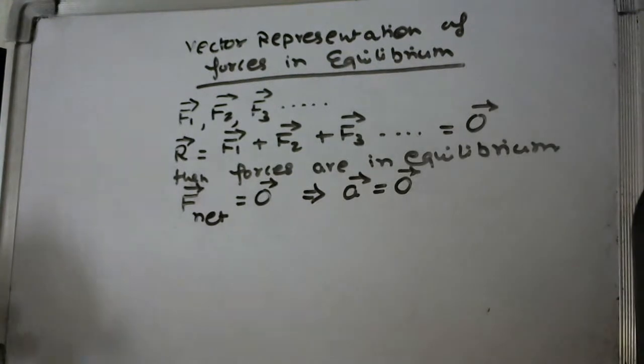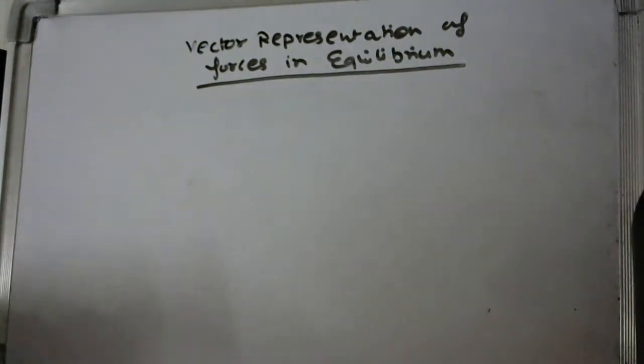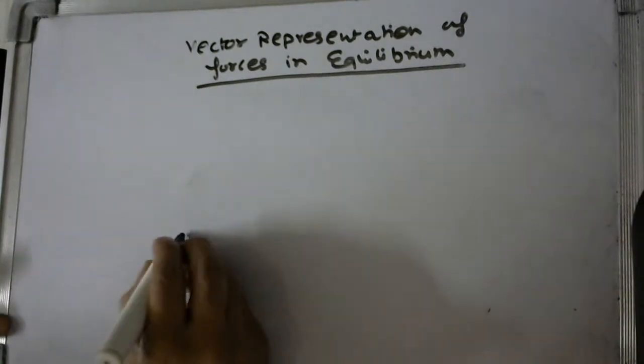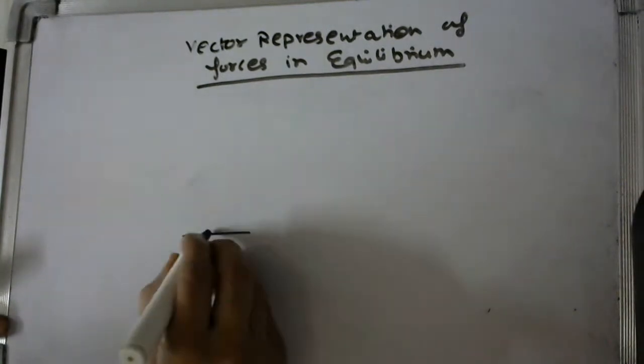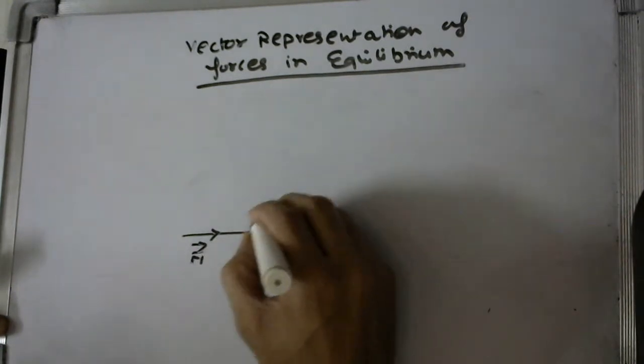Now, if a number of forces are in equilibrium, what will be the nature of the vector polygon? Suppose there are forces acting on the object.